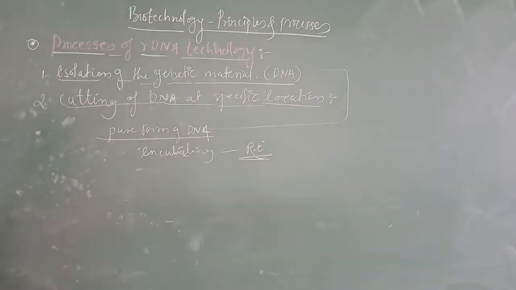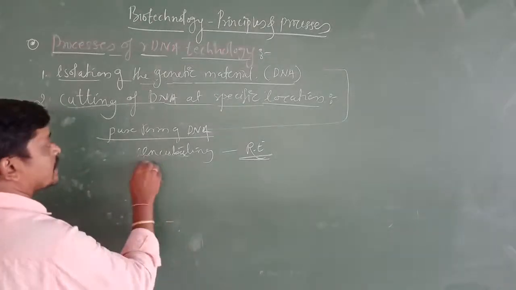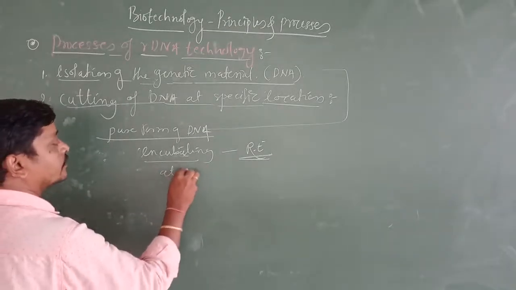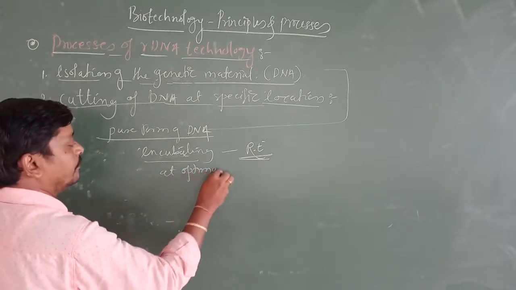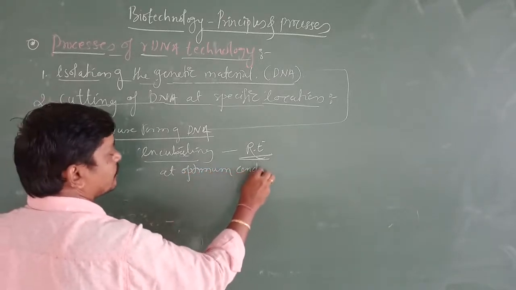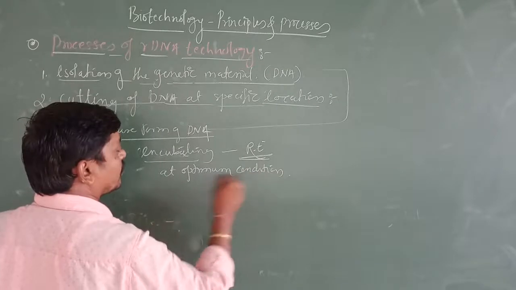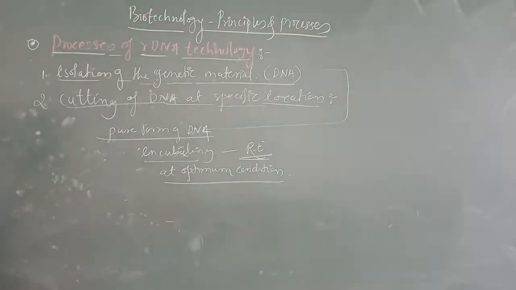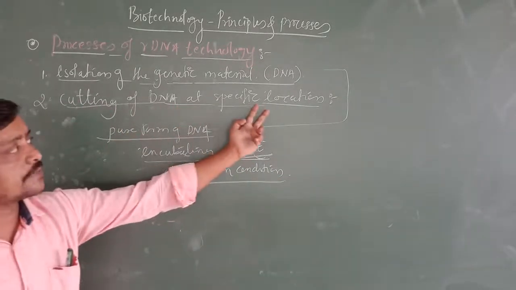We are going to incubate this with the restriction enzyme at the optimum conditions which are required for that specific enzyme. What are we going to go for first? Cutting of the DNA at a specific location.